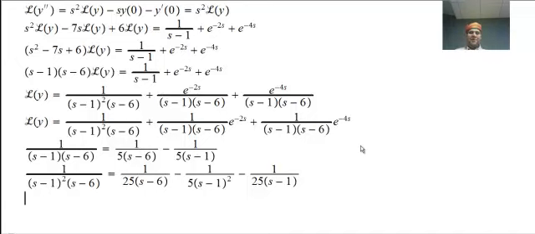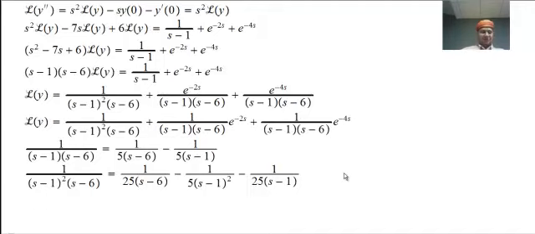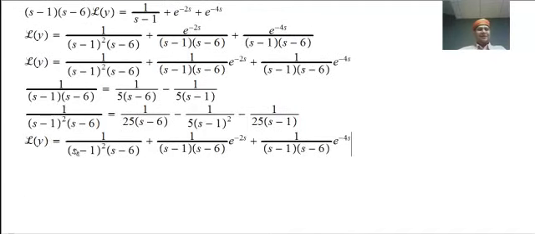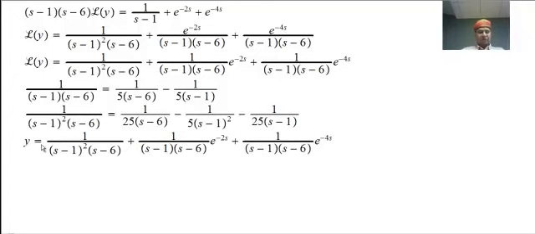So now we are ready to write the inverse Laplace transform, right? Yeah, this is really a good question, Jocelyn. Very nice. So what we have, our y will be what?